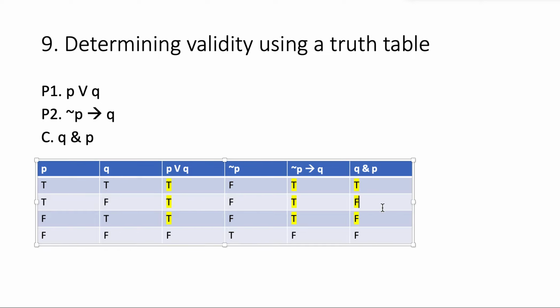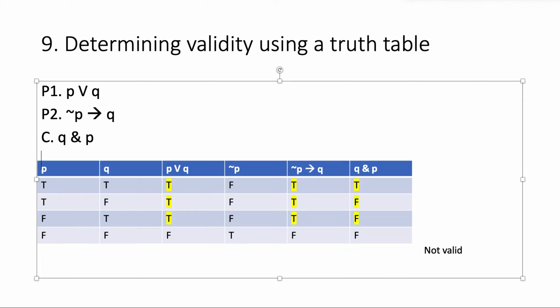Okay, so if this argument was valid, this is what the truth table would look like. I would have true premises at rows 1, 2, and 3, and at each of those rows, I have a true conclusion. But in fact, this is what it was like. So we can say, definitely not valid.